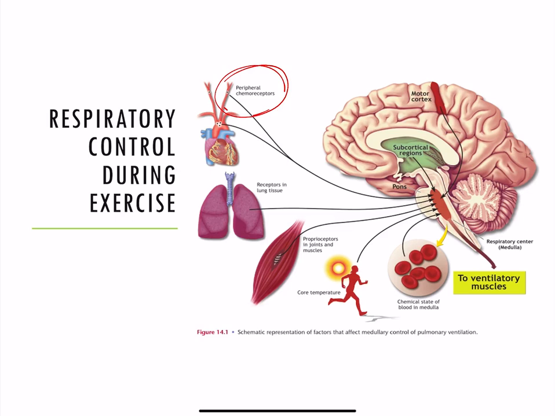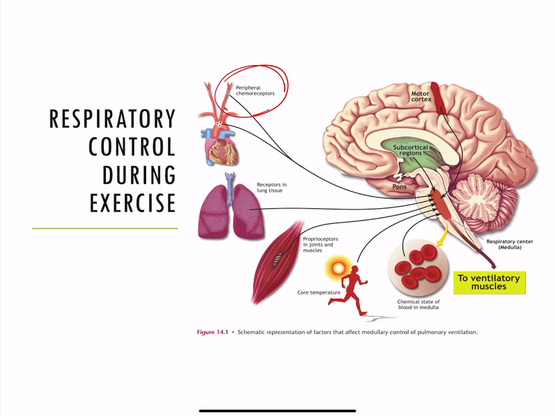During exercise, our ventilatory response is separated from that because, as I just showed, blood gases are maintained, and yet we have this increasing and maintained high volume activation of our respiratory system.